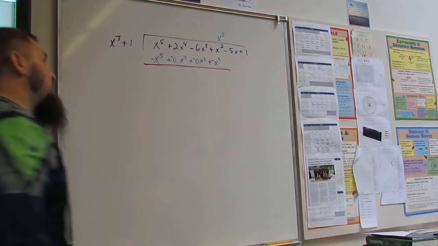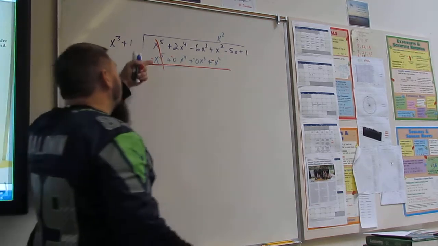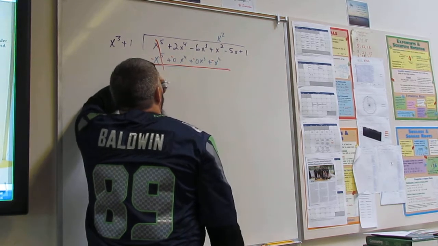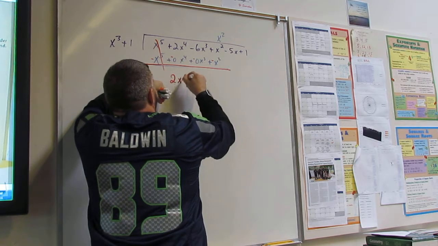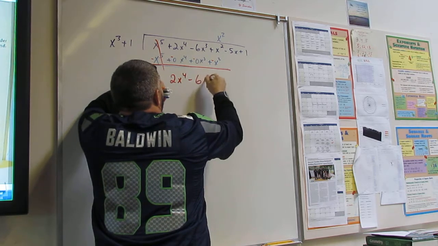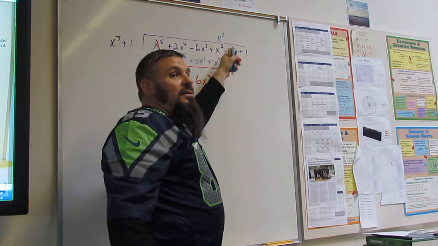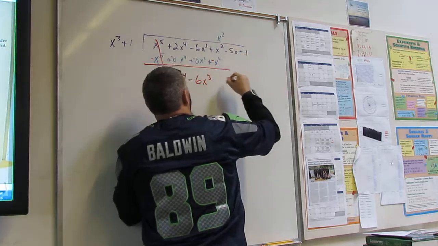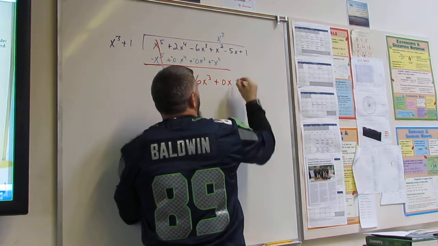Okay, so these first ones should cancel, right? And then I got the second one. What is 2 minus 0? 2. It's still 2. And this is still minus 6x cubed, right? Now what's this one though? 0. So we got plus 0x squared, right?